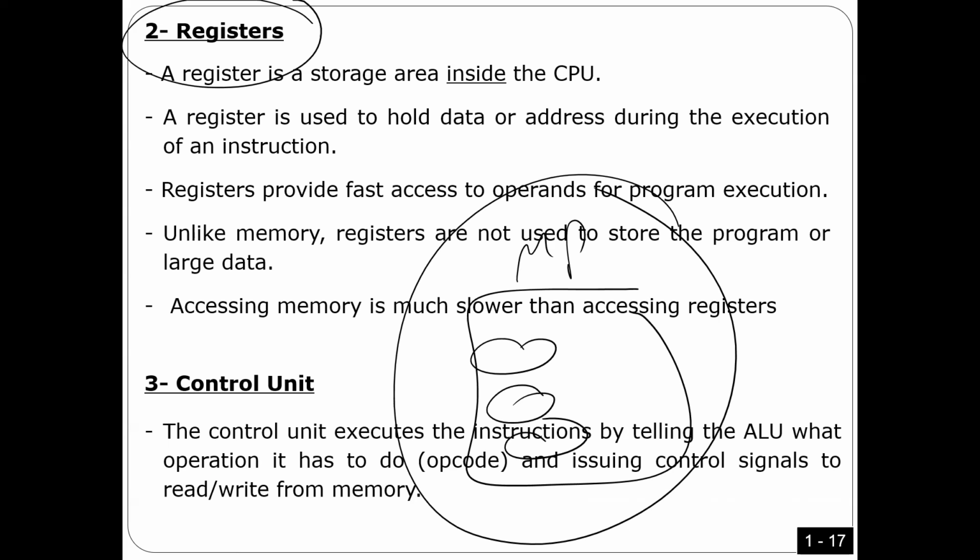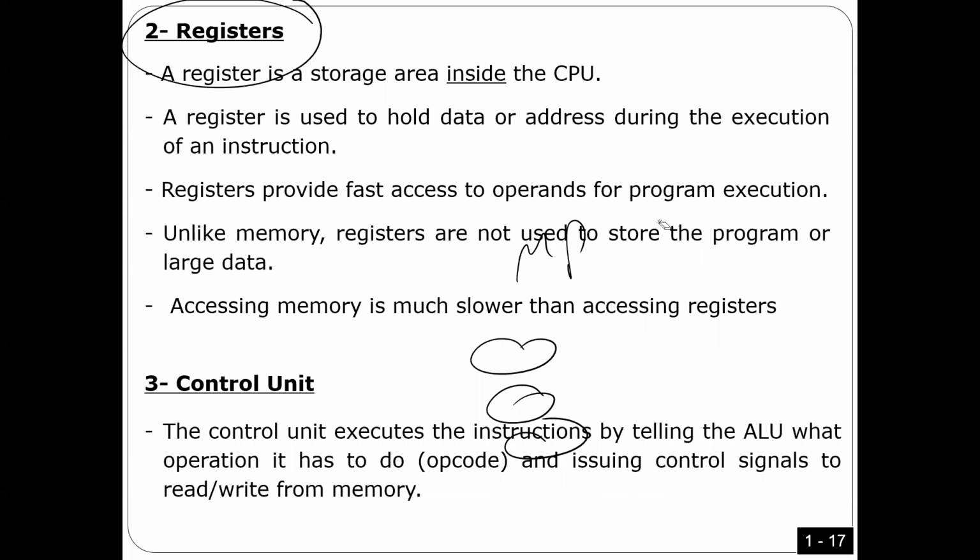To execute an instruction, I need to borrow storage. When I get a number, I have to put it somewhere. When I do the addition or multiplication, I have to put the result somewhere. I'm not going to store the program or the data inside the processor because this should be stored in the memory, but they have some storage units. We call them registers.